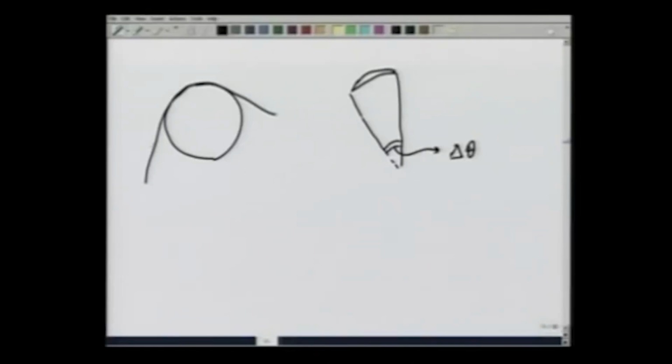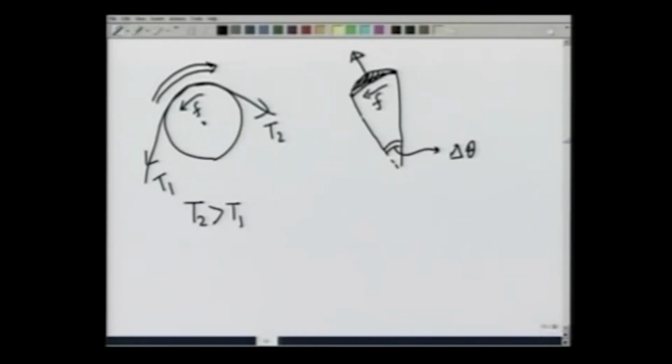Let the rope be pulled by tension T1 in this direction and T2 in this direction, and without loss of generality I take T2 to be greater than T1, so that the rope has a tendency to move clockwise and the frictional force is opposing it. So, here in this section of the rope, frictional force is in this direction. There is a normal reaction of the pulley on the rope.